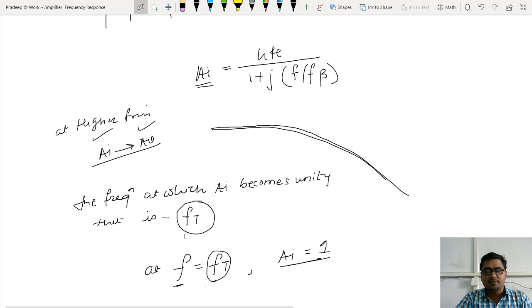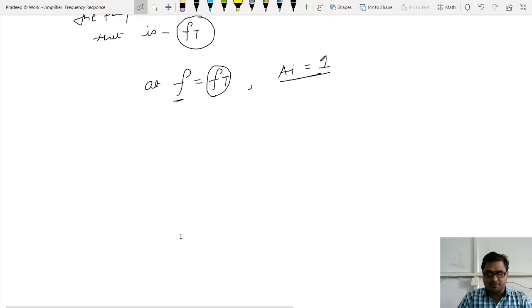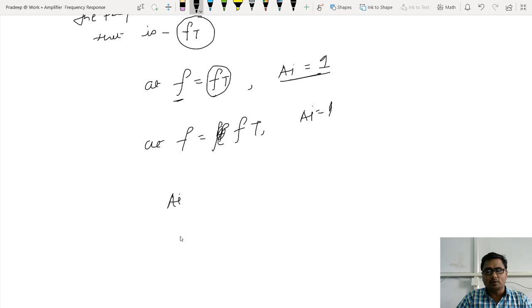So I can modify the above equation, the equation of AI. At f equals FT, AI will be 1, so 1 equals HFE divided by, now it will be FT divided by f beta.